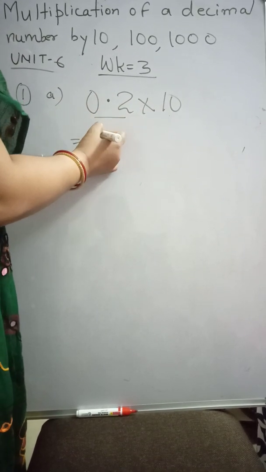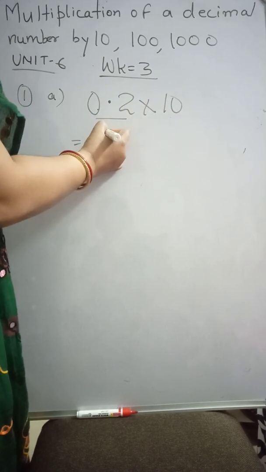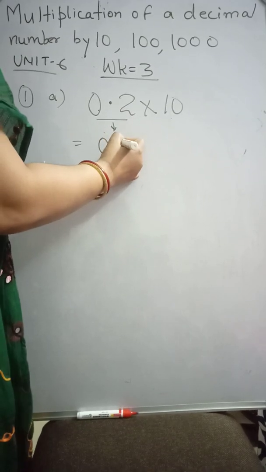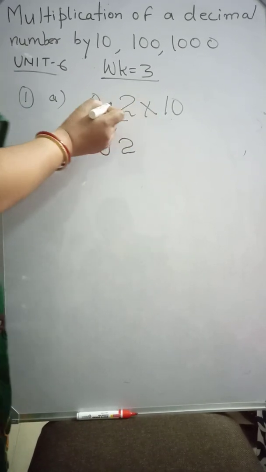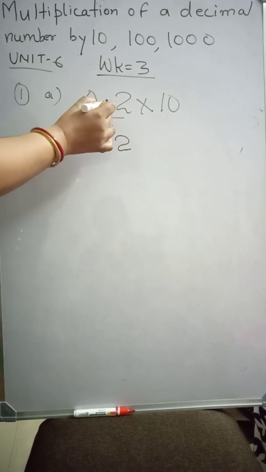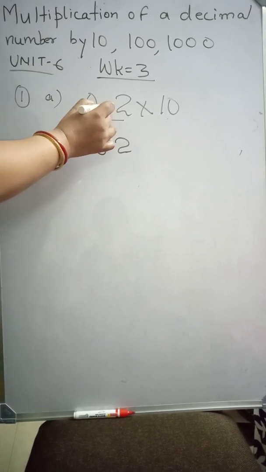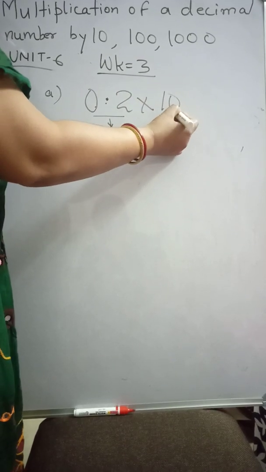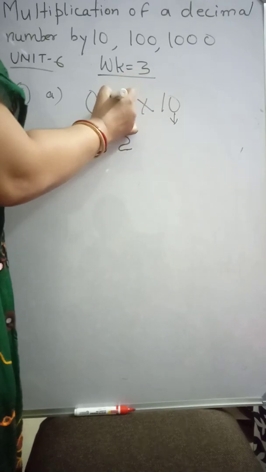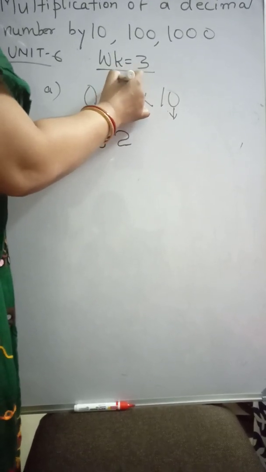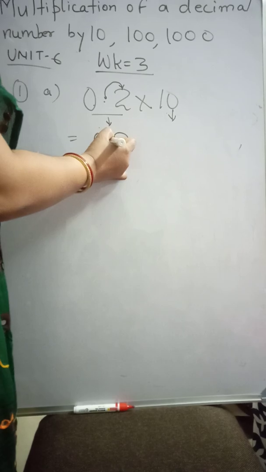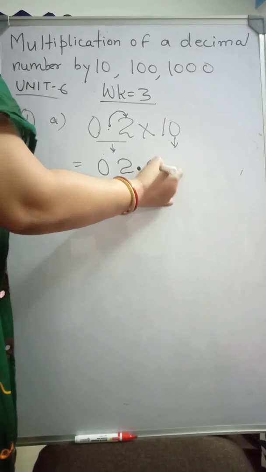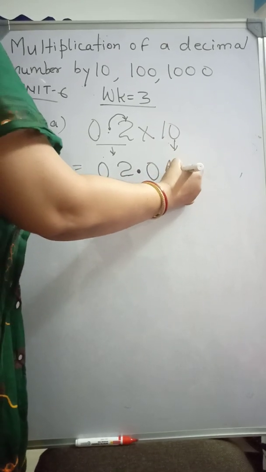So in the product, firstly we will write down this multiplicand 0.2, right? And this decimal point will shift to the right as many places as the zeros in the multiplier. Here the multiplier is 10, so this decimal point will shift only one place, right? So the decimal point will come after 2. So the result is 2.0, right?